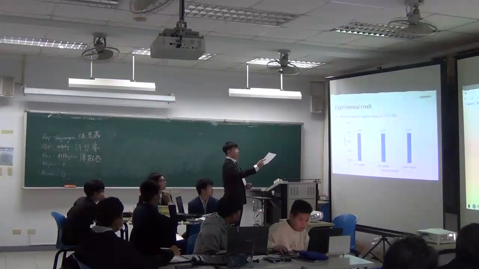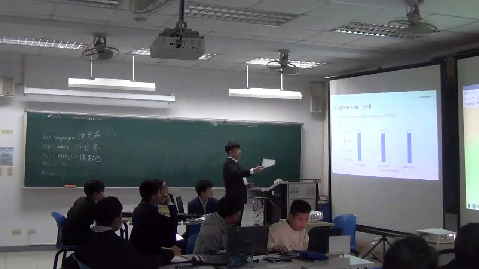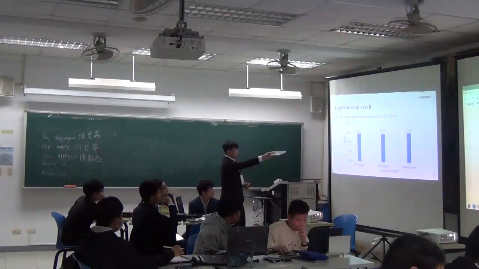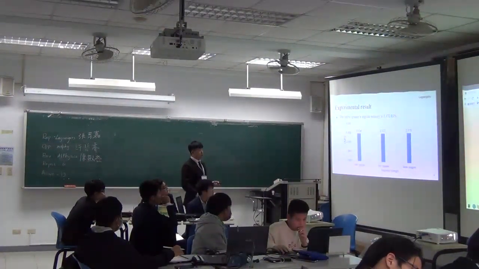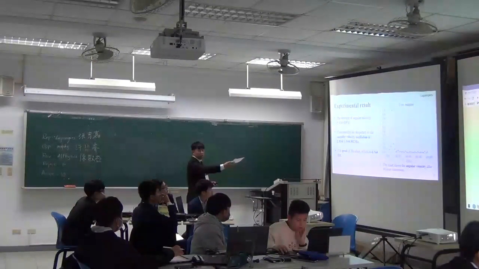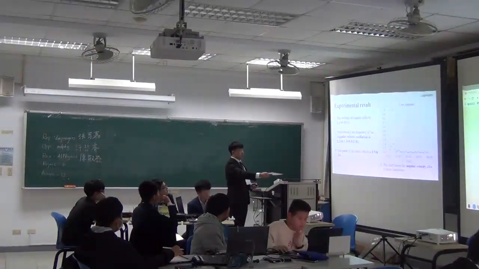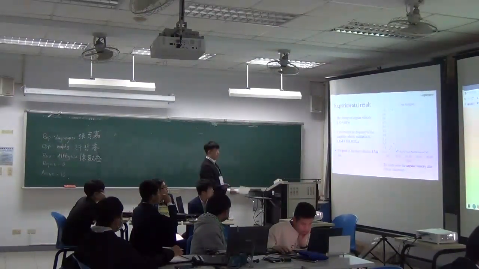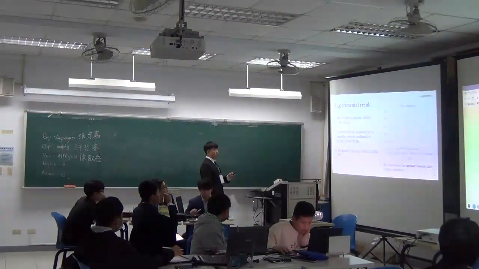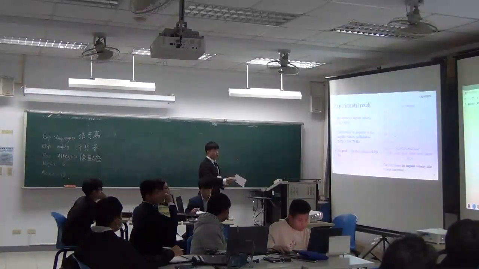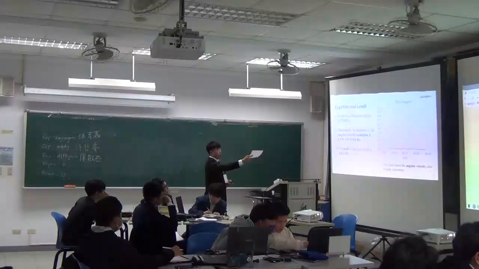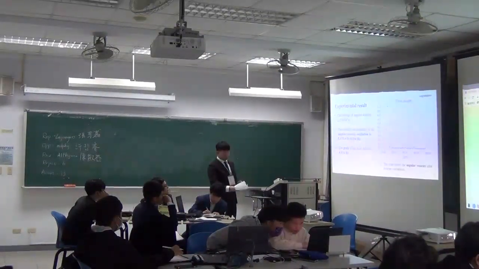And then this is our experimental result. We can see the 1 magnet, 2 magnet, and 3 magnet ones are almost the same. This is our Fourier transform for the 1 magnet experiment. The experimental result for the 2 magnet one, the experimental result for the 3 magnet one.